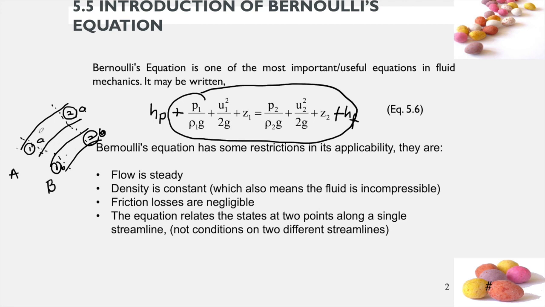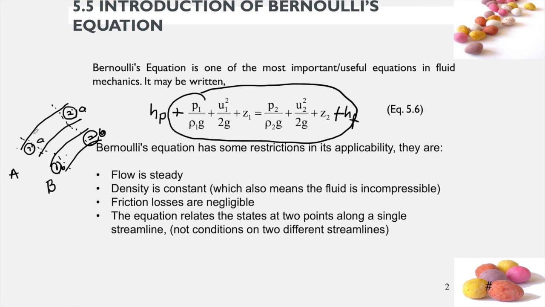If you just take 1A and 1B, that is totally wrong because you are applying Bernoulli's equation on two different streamlines. In order to apply Bernoulli's equation, it must be in a single streamline. You can apply it between 1A and 2A, or 1B and 2B.